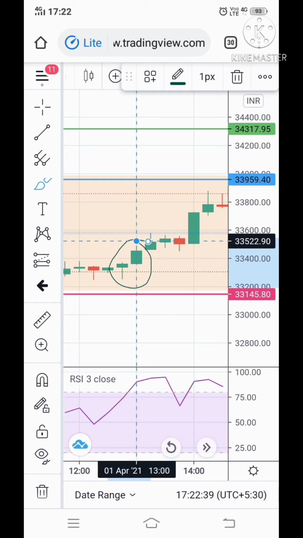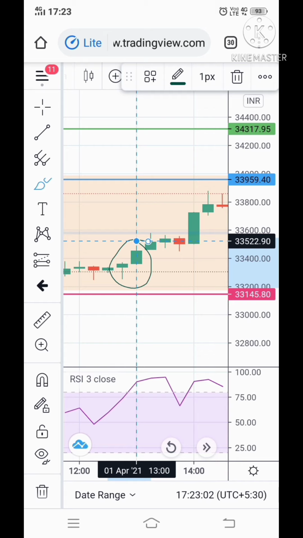Here again the criteria are being met in a foolproof manner. The RSI strength is more than 80, and on the chart also the next candle is more powerful than the previous candle, and its close is higher than the previous candle's high.